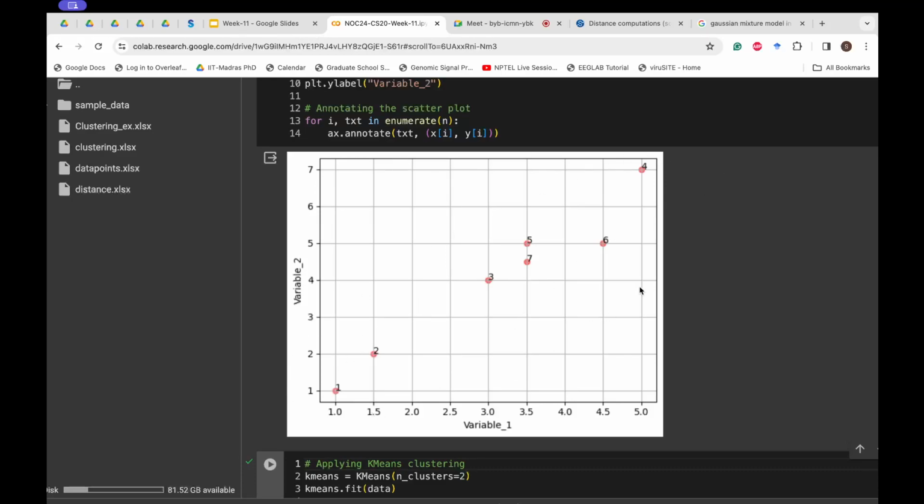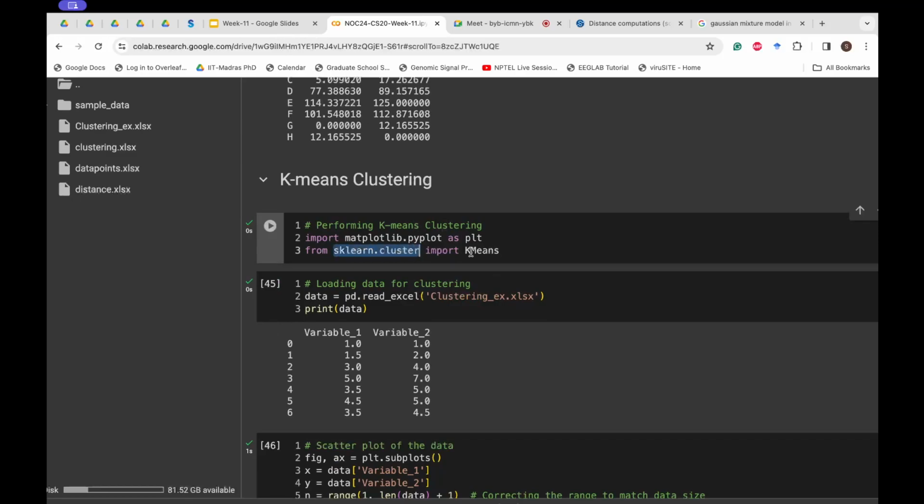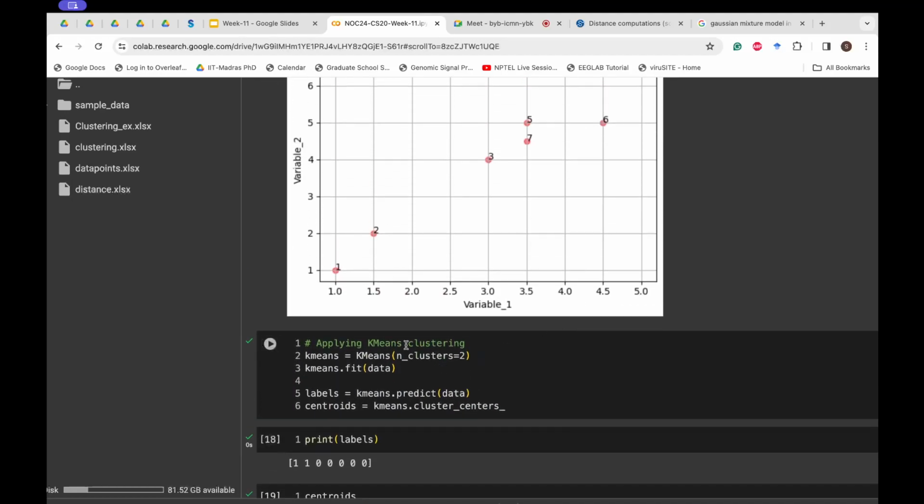Now the task is to perform the k-means clustering algorithm on top of it. For that we are using sklearn.cluster, specifically the k-means module. We pass the number of clusters to the k-means module, and we are initializing an object over here. Now what is an object? For that you need to know certain object oriented programming concepts, so I won't go into the details.